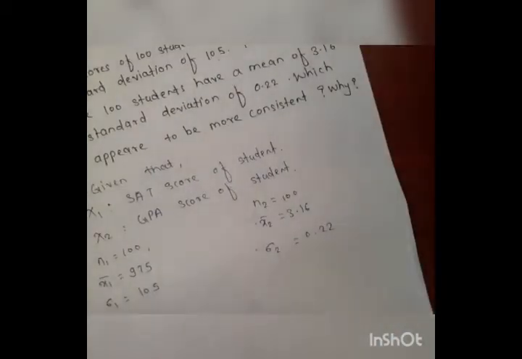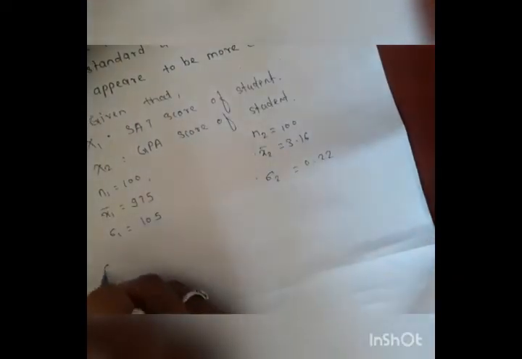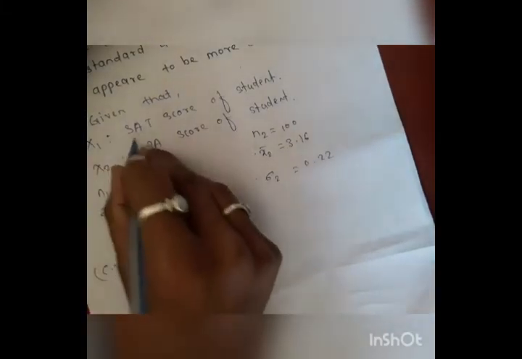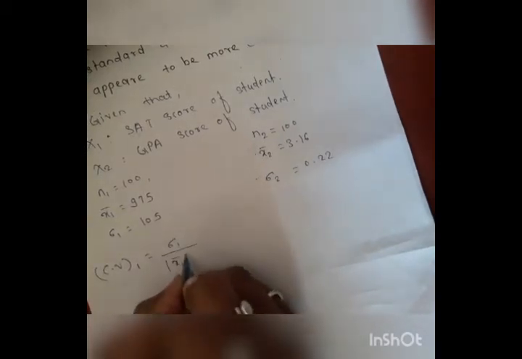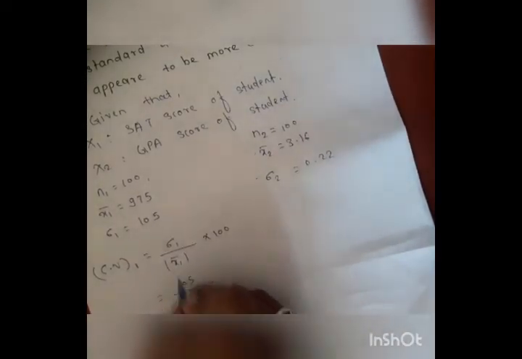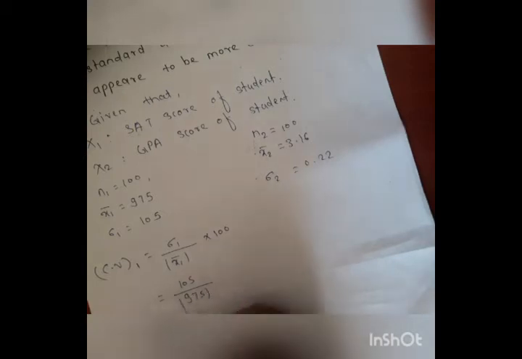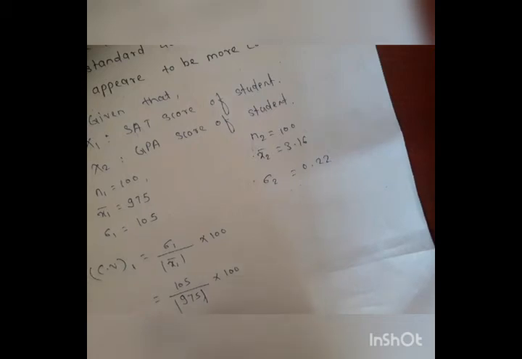We have to calculate the coefficient of variation to check which is more consistent. First, CV for the SAT score, CV1 is equal to sigma 1 upon mod x1 bar into 100, which is equal to 105 upon mod 975 into 100. After solving this we get 10.77%.